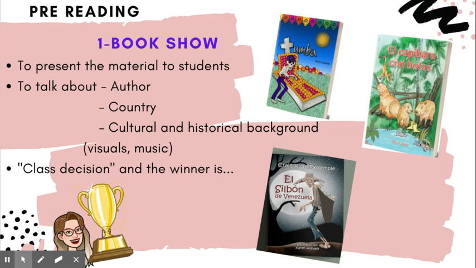Then we read El Capibara con Botas, so they had to explain that in some countries we call them chigüires. And they were so surprised when I said that in Venezuela we eat chigüire for Semana Santa. Also, El Silbón de Venezuela is a good one.